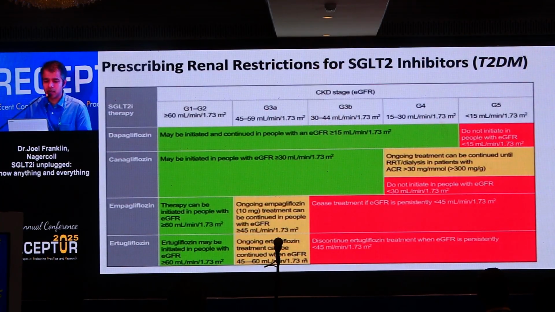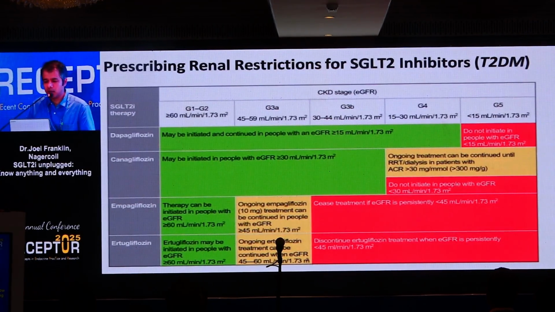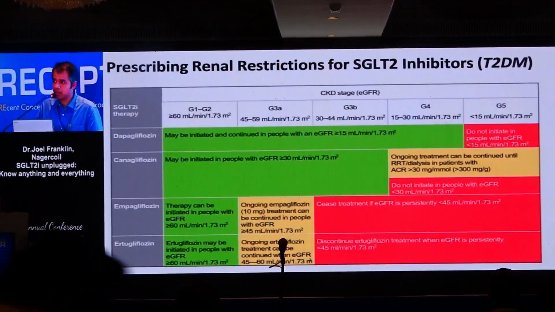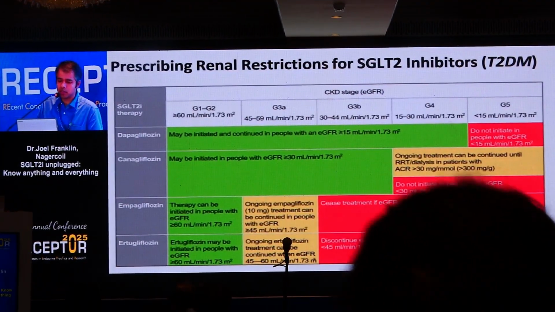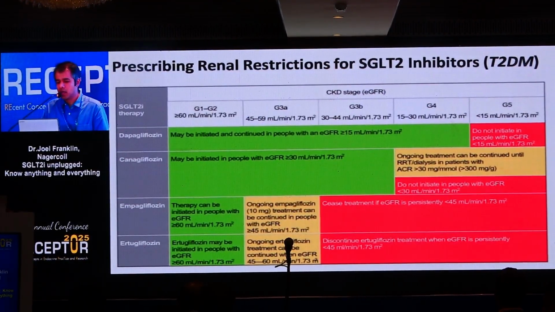So how to prescribe this? This slide is mainly for glycemic control. If you are planning to start the patient on an SGLT2 inhibitor, the first thing you should check is EGFR. You can start the patient on dapagliflozin if the EGFR is more than 15.